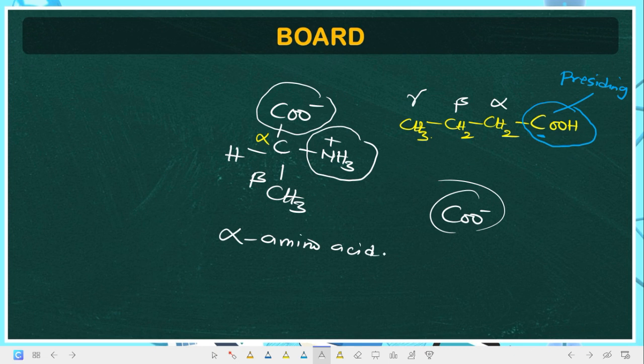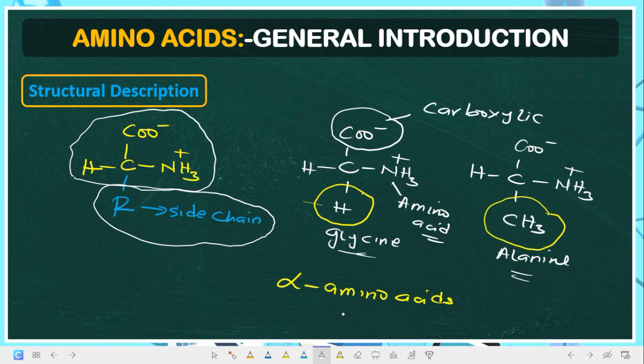That is why these amino acids are usually regarded as alpha amino acids, because they have the carboxyl and the amino group attached to an alpha carbon. So that is that about the structural description of all amino acids.